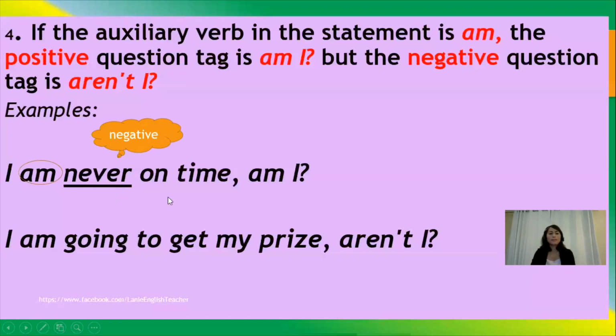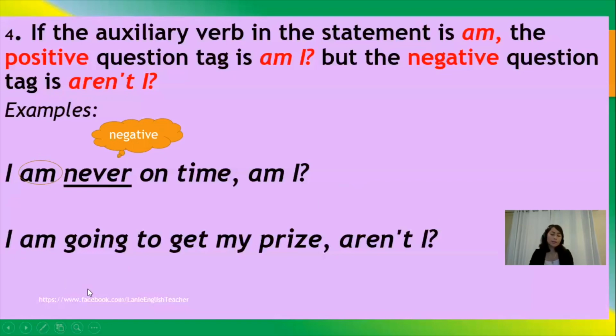So since the statement is negative, your question tag should be positive. So just copy the auxiliary verb am and also copy the subject pronoun I. So your tag question will be am I? So negative statement, positive tag.